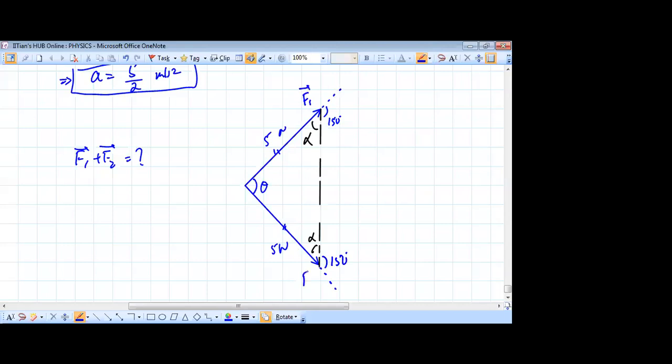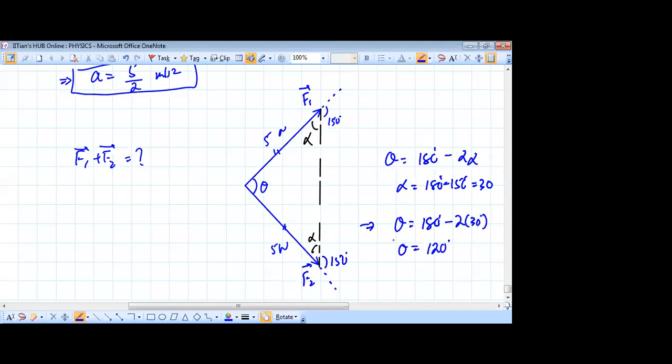So you can see that theta is 180 minus 2 alpha, and alpha is 180 minus 150, or 30. So that means theta is 180 minus 2 times 30 degrees, or 120. So that is the angle between the two forces.